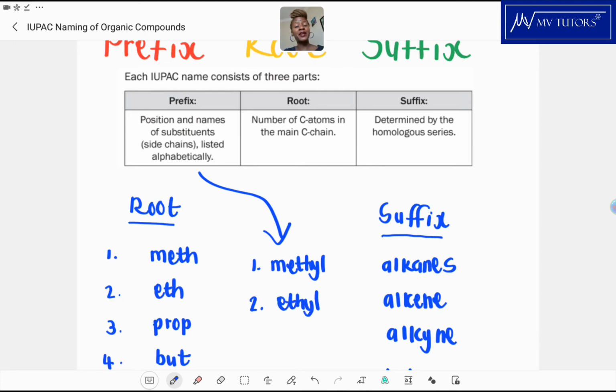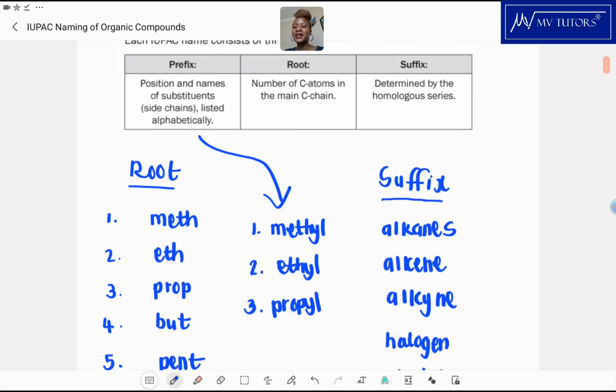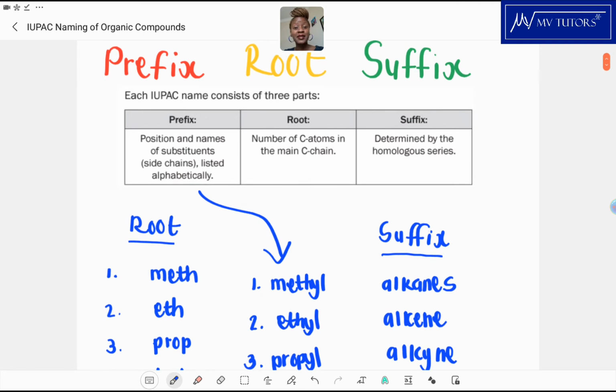If you have three, it'll be propyl. So really, your prefix helps you to know your root. It really does. It will assist you in knowing your branches and how many carbon atoms you have in that particular branch.